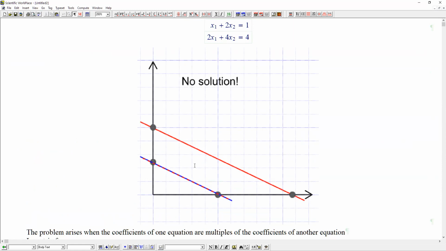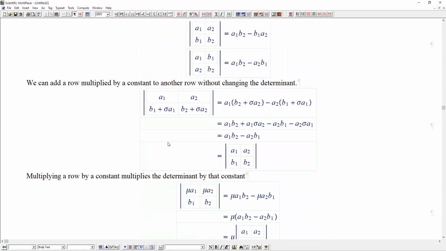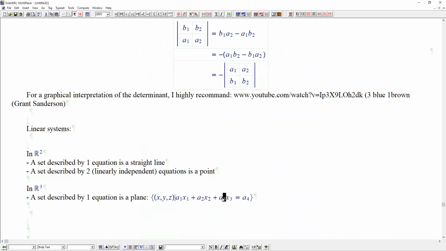Here I would have X and Y, and then I would add a Z dimension. And I haven't said anything about Z. So since I have a coefficient 0 here, since A3 would be 0, I could have any value of Z.